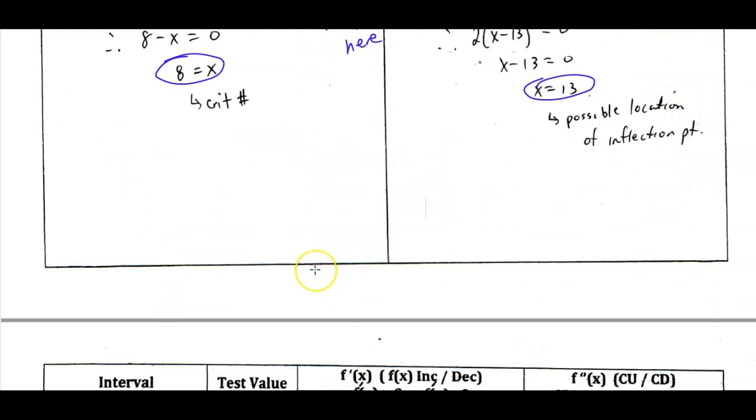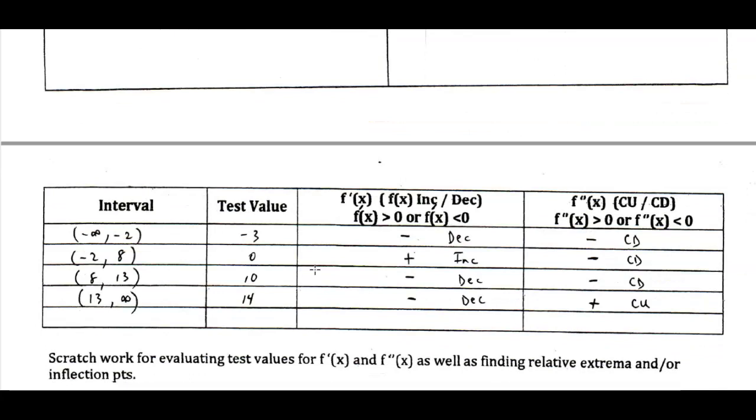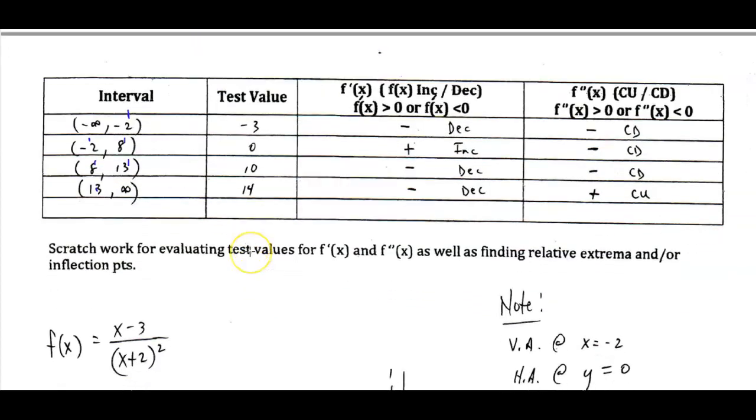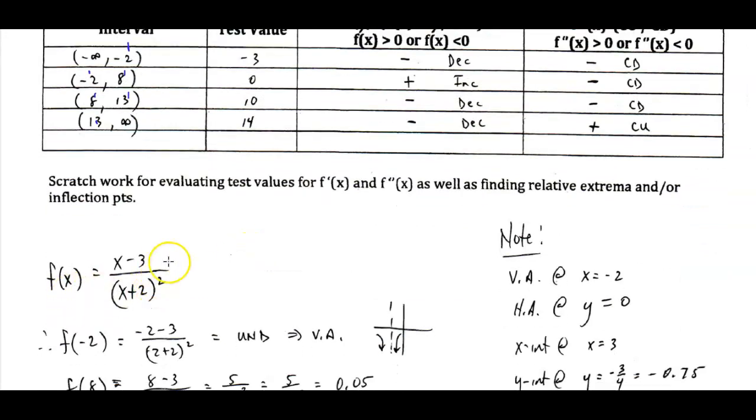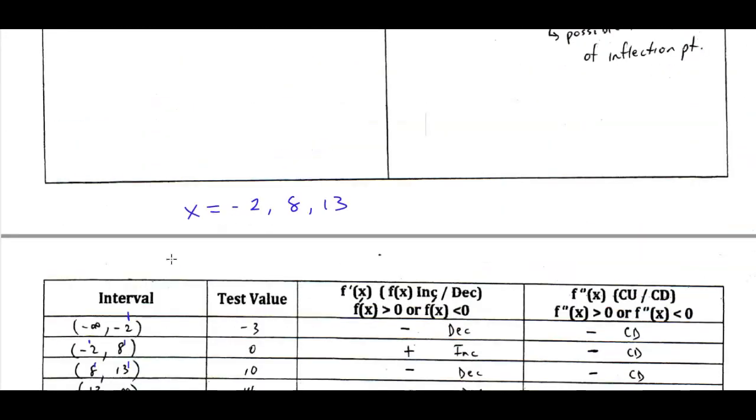All right, so if we go to our test intervals, we see that I've started with partition numbers -2, 8, 13. And so started at -2, then to 8, and then to 13. And just like how we did before, we took our first derivative and second derivative. Let me go back up here.